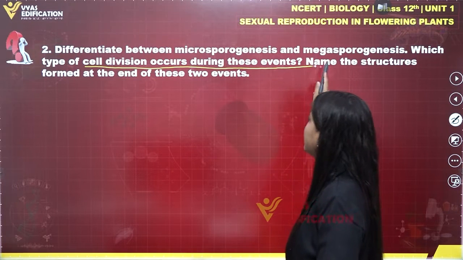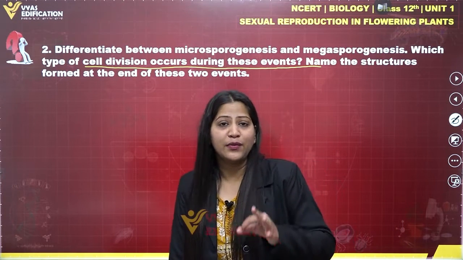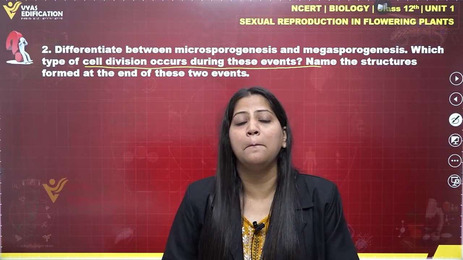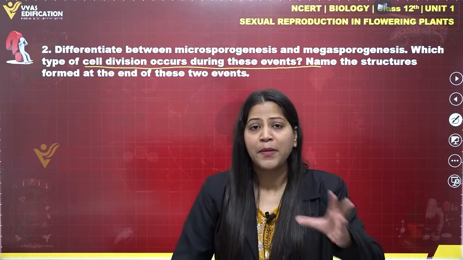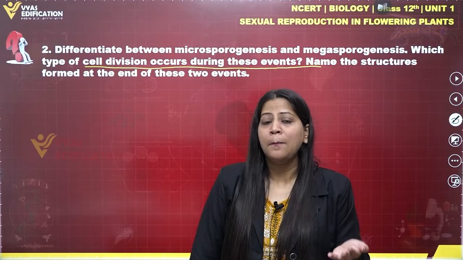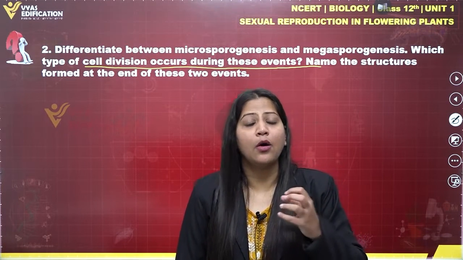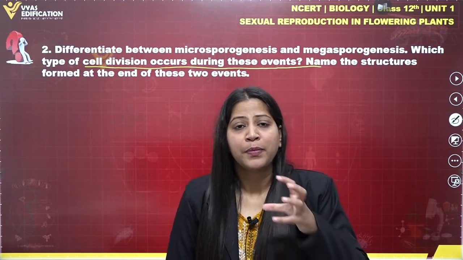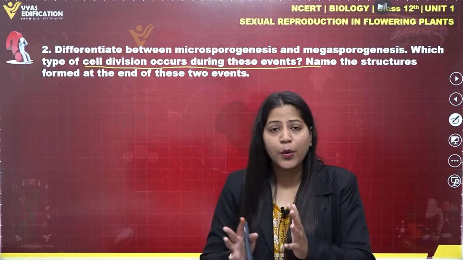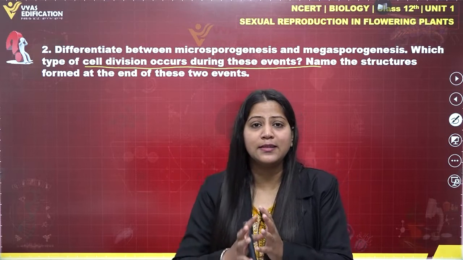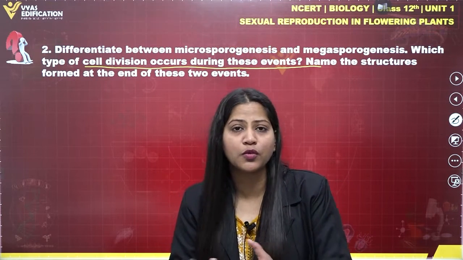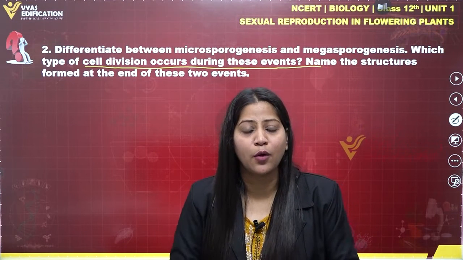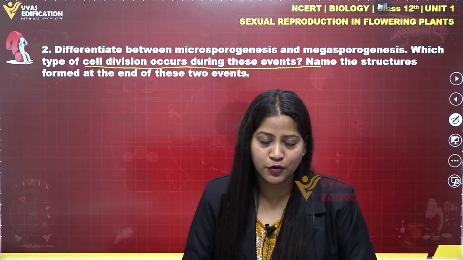occurs during these events. So if we discuss microsporogenesis, which occurs in the male reproductive organ and is going to give rise to a male gametophyte or a male microspore known as pollen grain, we know where the development of these pollen grains, microspores or megaspores takes place: inside the reproductive organs of their respective structures.